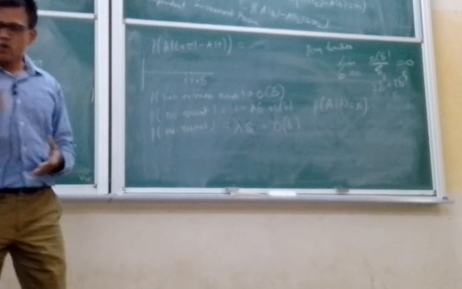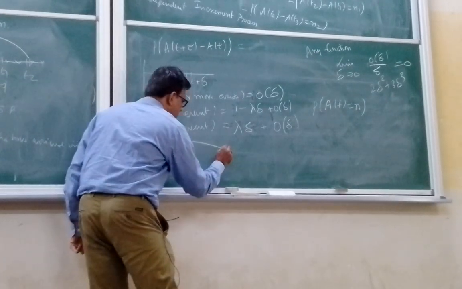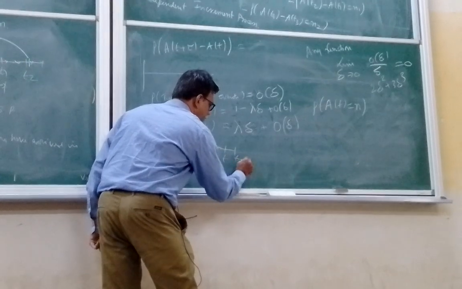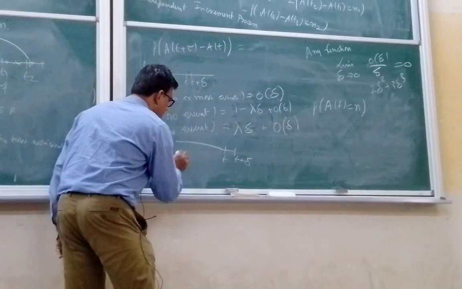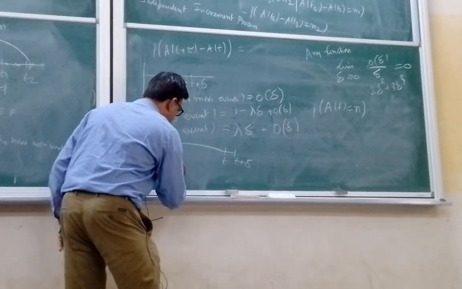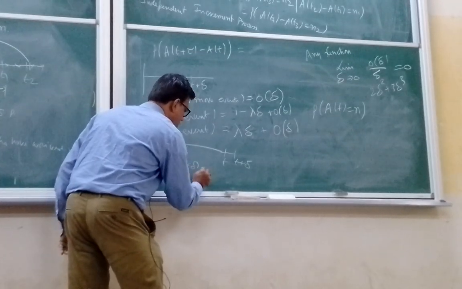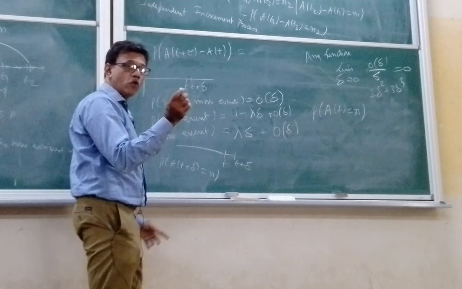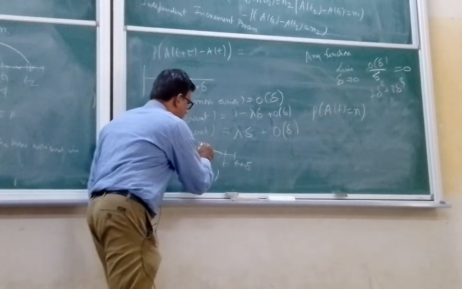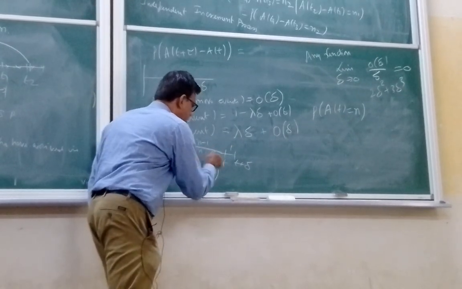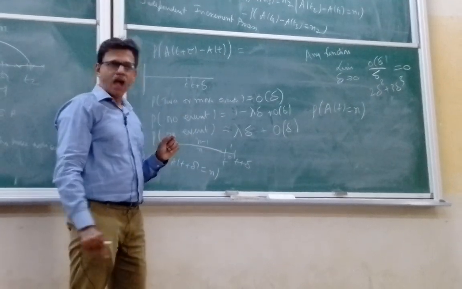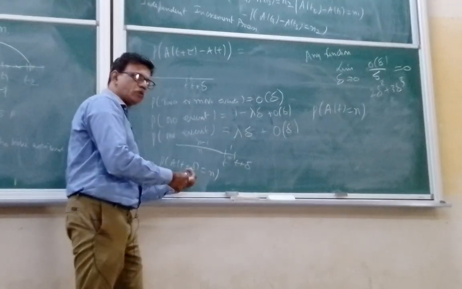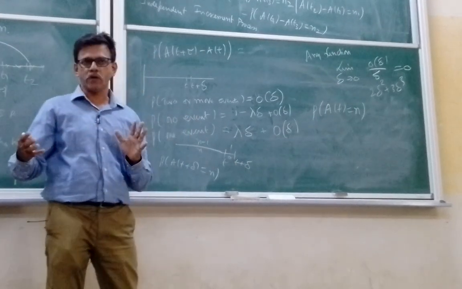You can divide into t plus delta and so on. The probability that A of t plus delta is equal to n can occur in only 2 ways: n minus 1 here, 1 here, or n here, 0 here. And then write out an equation for that.